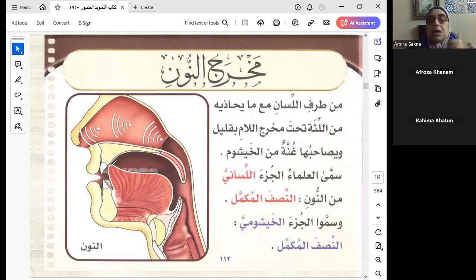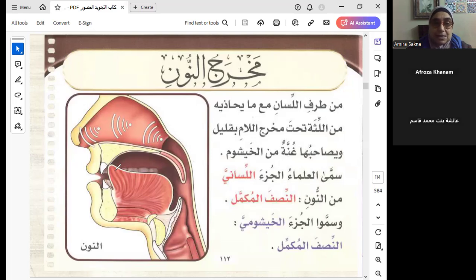Second, regarding the running of the air. If there is a lot of air running, like with fa, no. That's why it's a voiced letter, or harfun majhur. With your hand, you don't feel a lot of air running out.